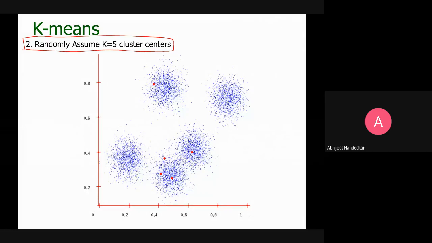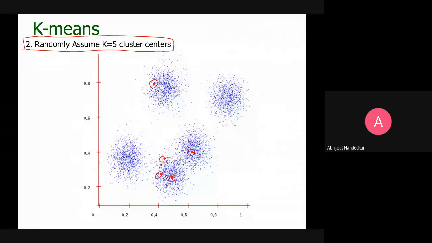We don't know what the cluster centers are right now. We have not seen the data also. Since I want 5 clusters, I am assuming 5 cluster centers. If you can see these red dots, these are some random assumptions.